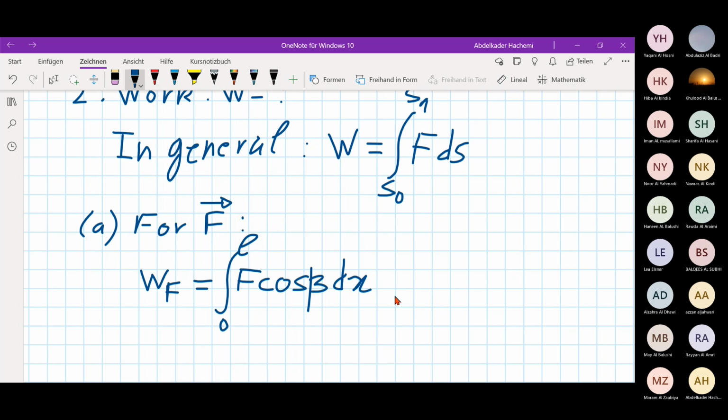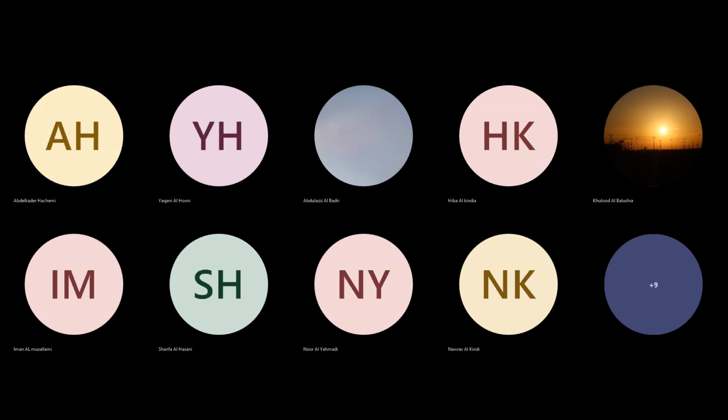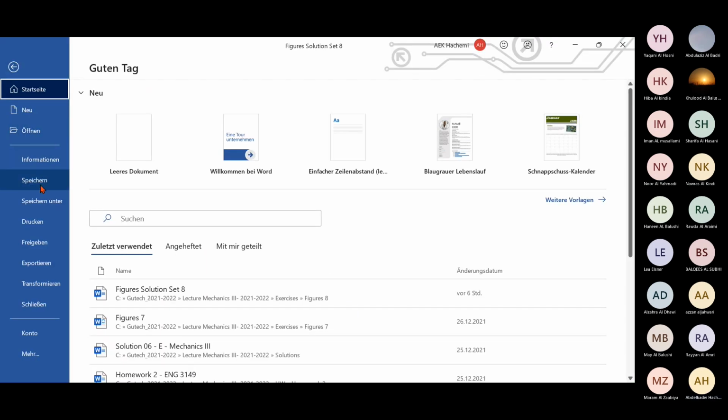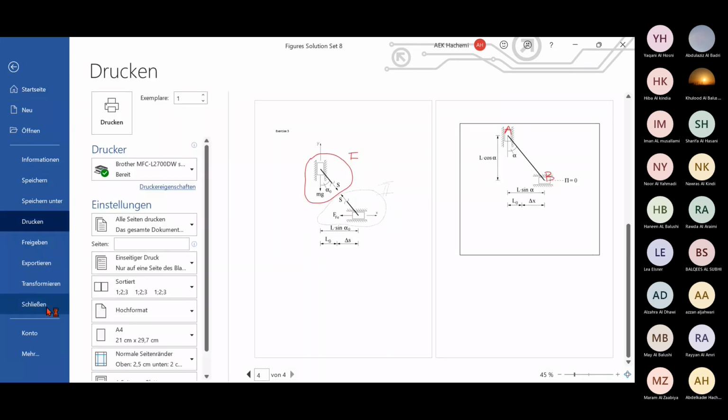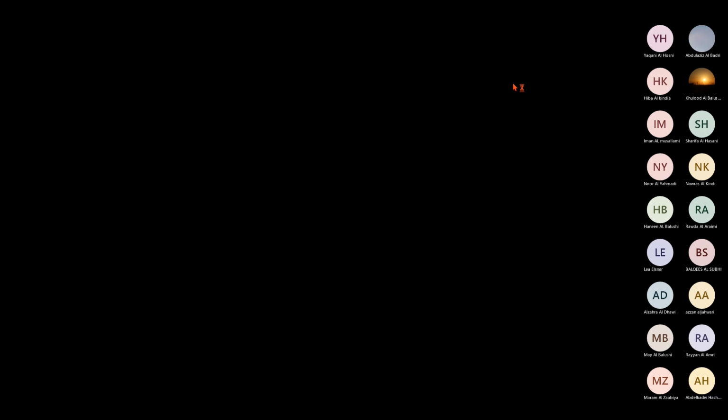and we integrate with respect to x. If we look now at the representation of this, turn back.